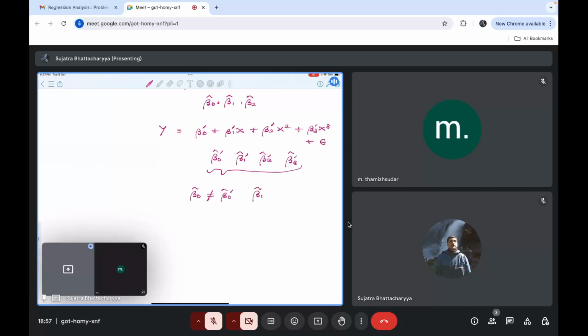Similarly, beta 1 hat is not equal to beta 1 dash hat, and beta 2 hat is not equal to beta 2 dash hat. So what it means is that you have to recompute for this model. You have to do the entire process again to calculate these coefficients. So you have to recompute.